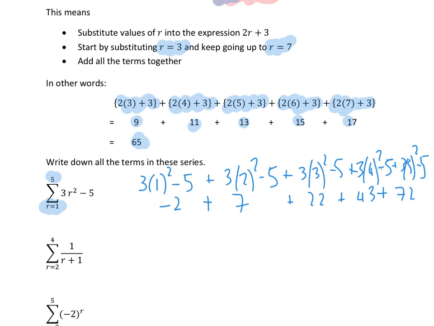So x squared minus 5. And then I'm going to write x equals 1 on the bottom, and then put 5 on the top, and it'll do the sum for me, and I get 140. So I can check that by adding those numbers together, I should get 140.